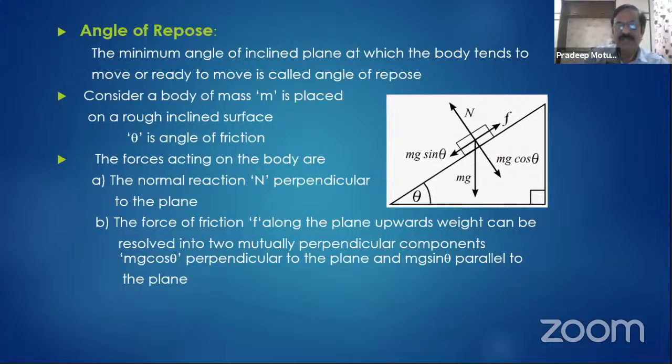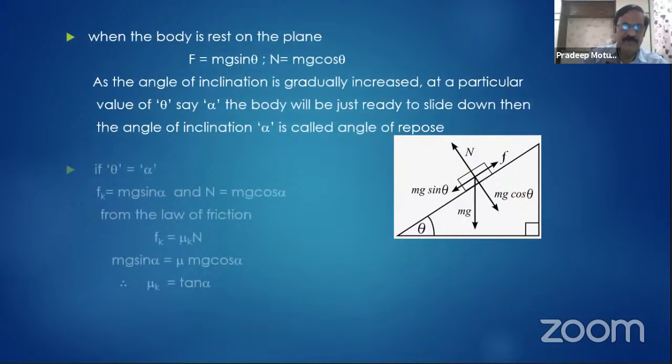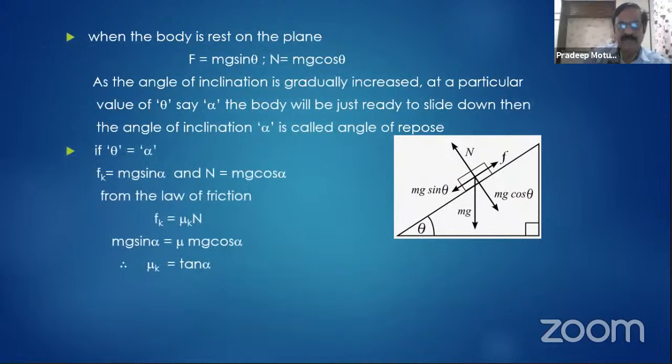Its value is given by mu k is equal to tan alpha. So in this way, you can calculate the angle of repose. Understand? Okay, next.